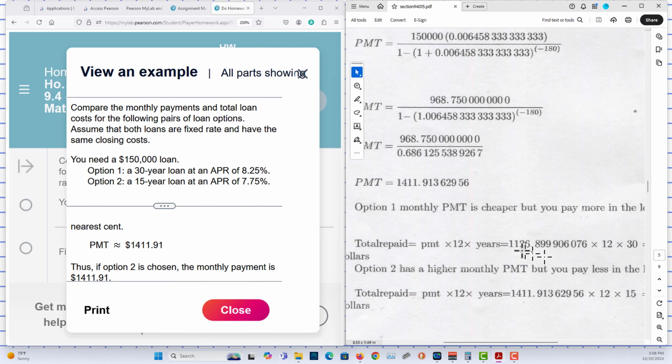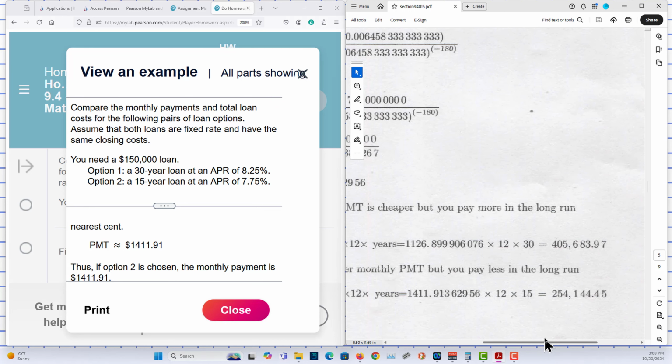And so here you see that the payment times 12 times the number of years gives you $405,683.97. And that's how much is repaid for option one. And for option two, it's going to be $254,144.45.